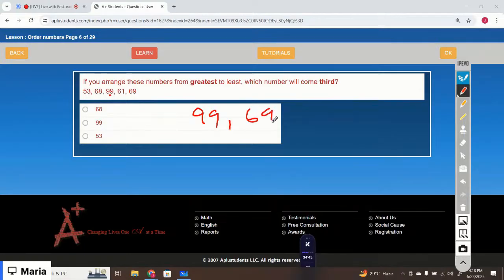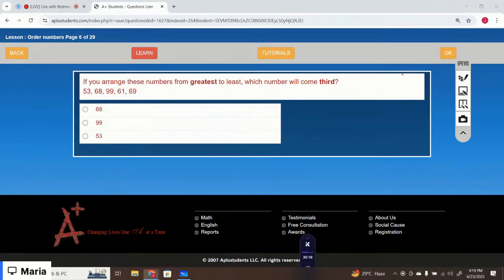Then we have 69, 68. 68 is the third number. The correct option is 68.